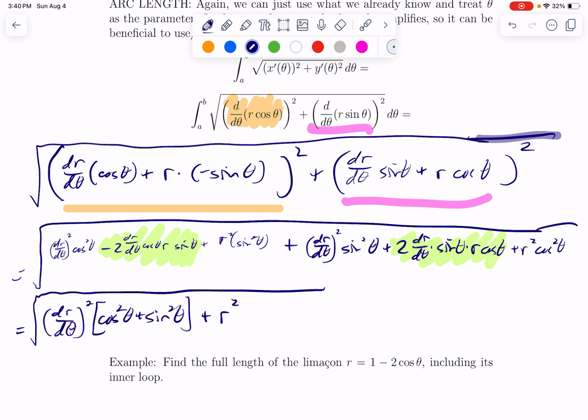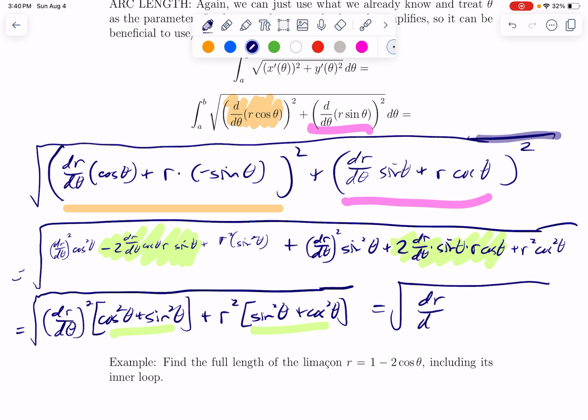I also have r squared, that's multiplied by both sine squared and cosine squared. And hopefully you realize, oh, wow, cosine squared plus sine squared is 1. So what we have here is dr d theta squared plus r squared.